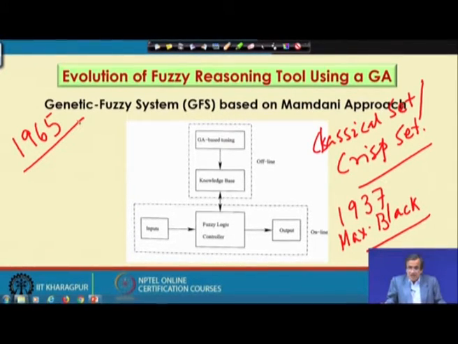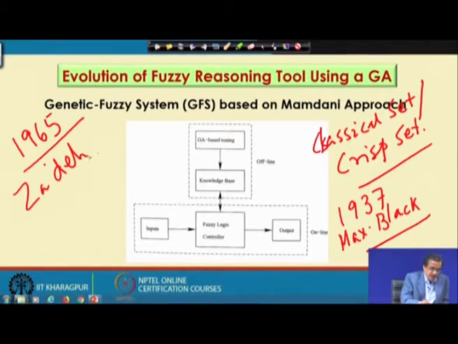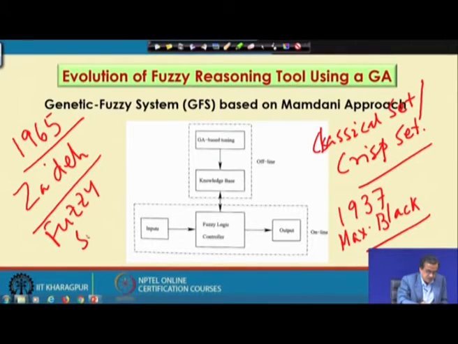Now, according to Professor Zadeh, there are some uncertainties which can be tackled using the principle of the classical set or the probability theory, but there are a few which cannot be tackled using the crisp set or the classical set, and he introduced the concept of fuzzy sets.